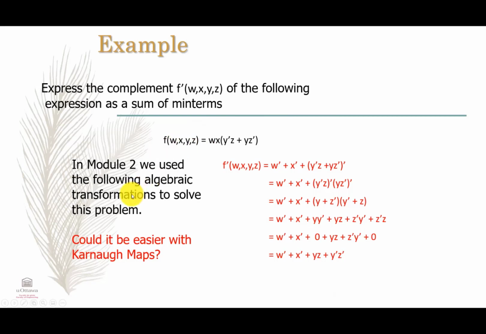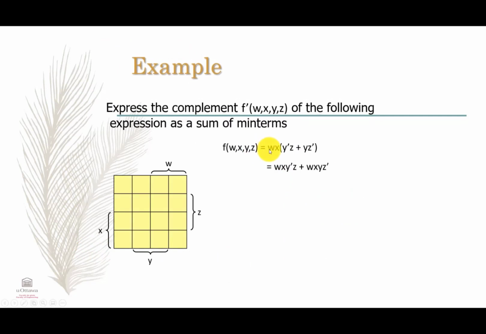So will kernel maps make it easier for us to find the complement without the hassle of going through all the Boolean algebraic theorems and postulates? That's what we will see. Our function, if you remember, was W x multiplied by the OR between y prime z and y z prime.